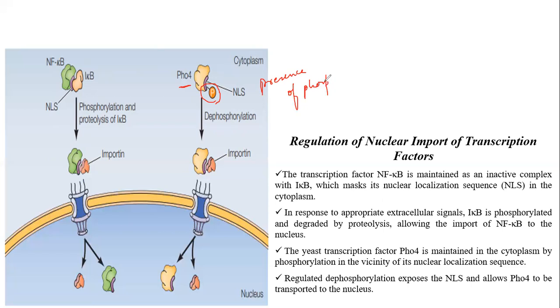It is hindering the association between Pho4 and the importin. So here we need the regulation that dephosphorylation should happen. Once the phosphate group is removed, the NLS is easily accessible to the importin protein. So it goes and binds and brings the transcription factor into the nucleus.